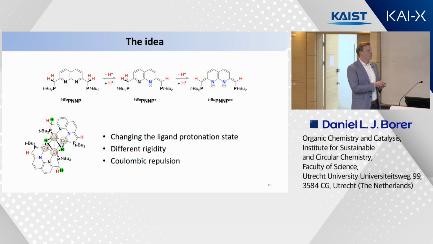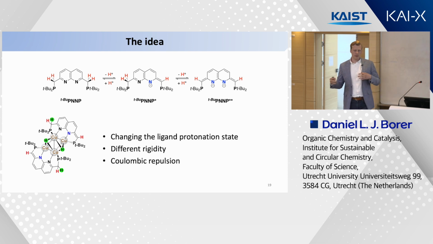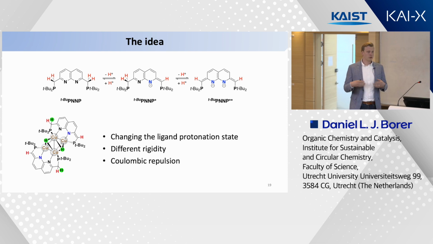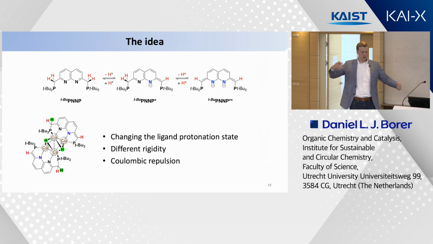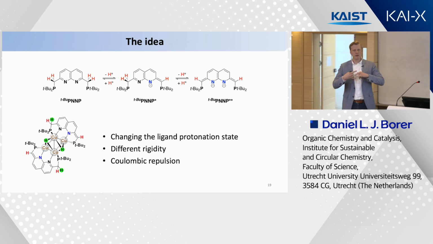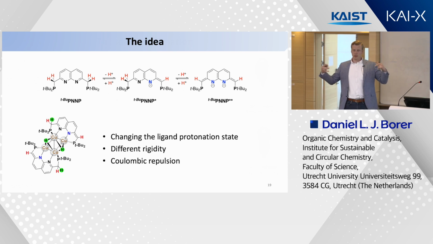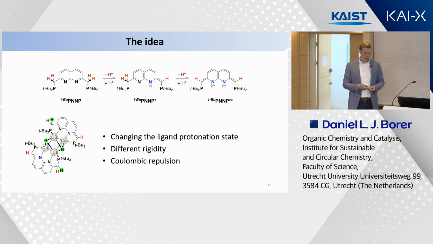Since we have this expanded pincer ligand, which changes its rigidity but also its charge as a function of its protonation state, we thought, oh, here we have a neutral system. What if we protonate it or deprotonate it? We change the rigidity. Maybe this dinuclear or dimeric aggregate cannot form anymore, but we also can generate charge, and maybe Coulombic repulsion will push the two halves away from each other.